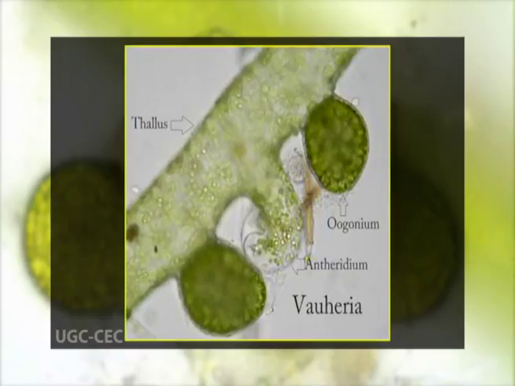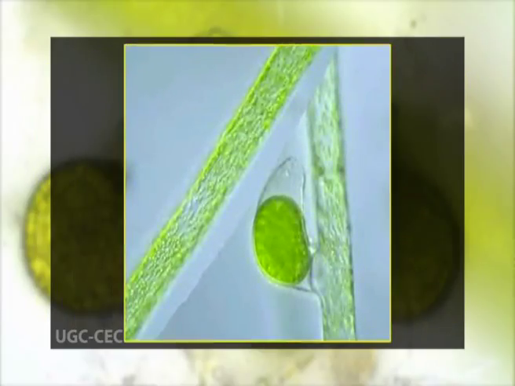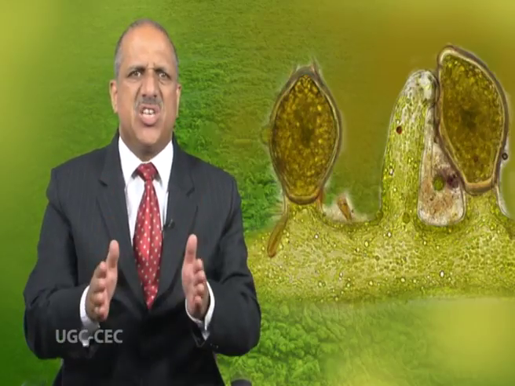In homothallic species, antheridia and oogonia are borne adjacent to one another on a common lateral branch or adjacent lateral branch. They are stalked or sessile. Some species show variation in their relative position.